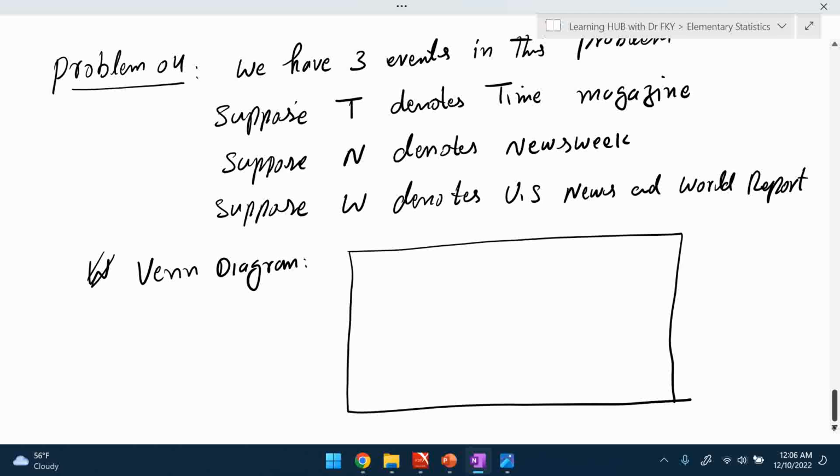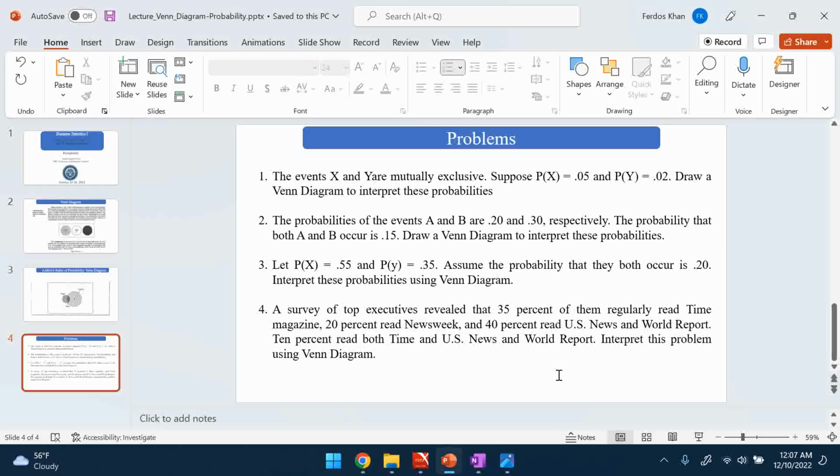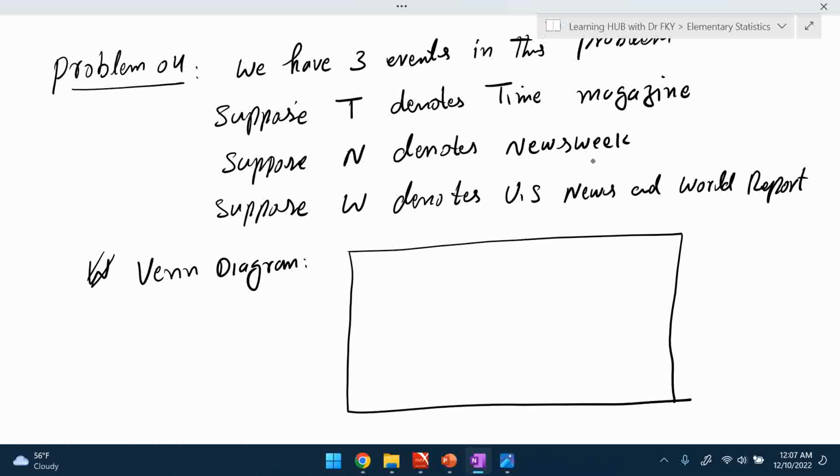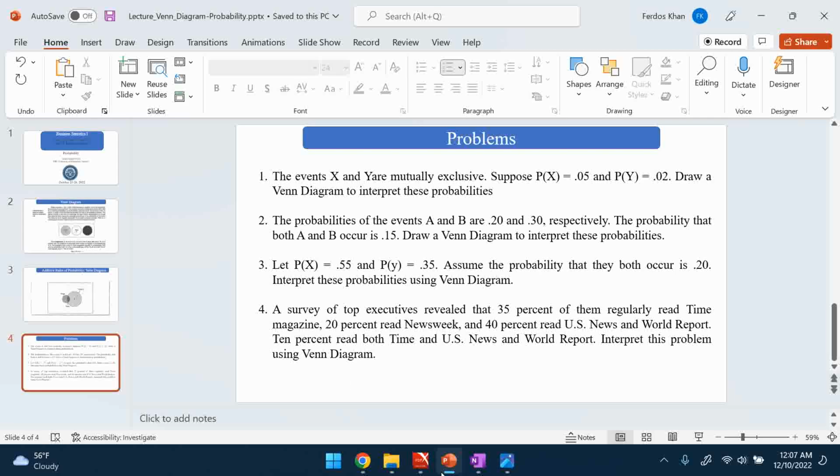There are 3 events, which are T, N, and W. Now look at the problem very carefully. 35% read Time magazine, so you can write the probability on the side. 35% means you convert to probability by dividing by 100, that makes it 0.35. 20% and 40% for the last one.